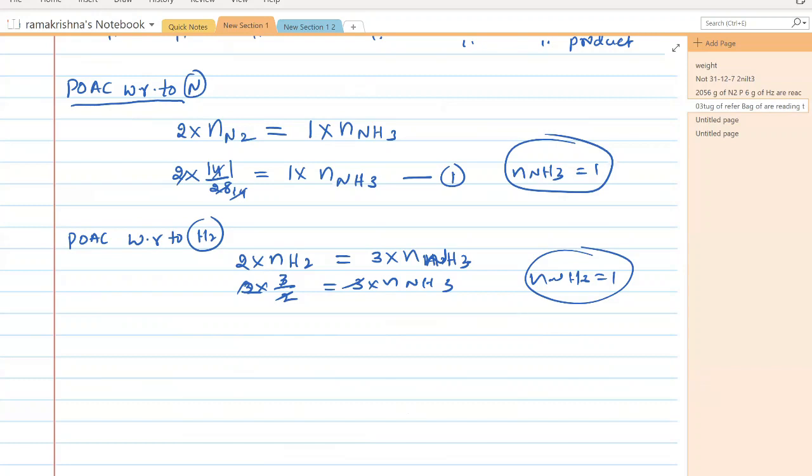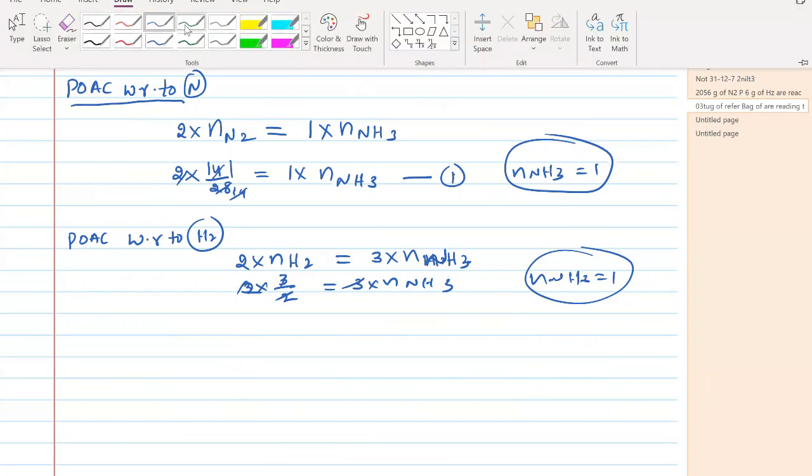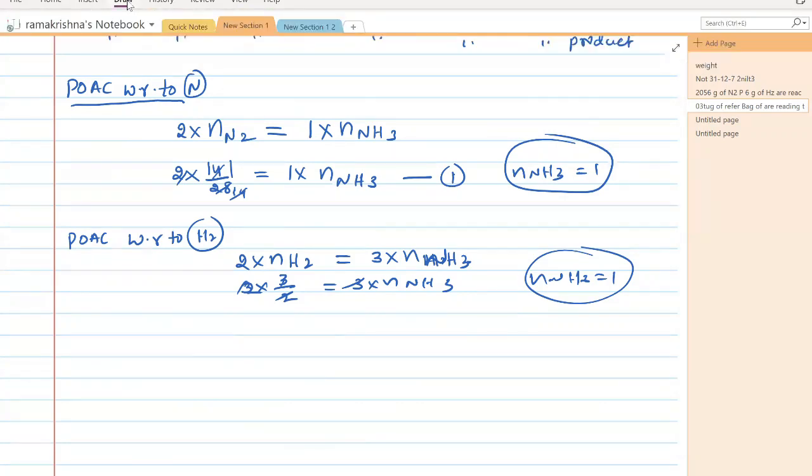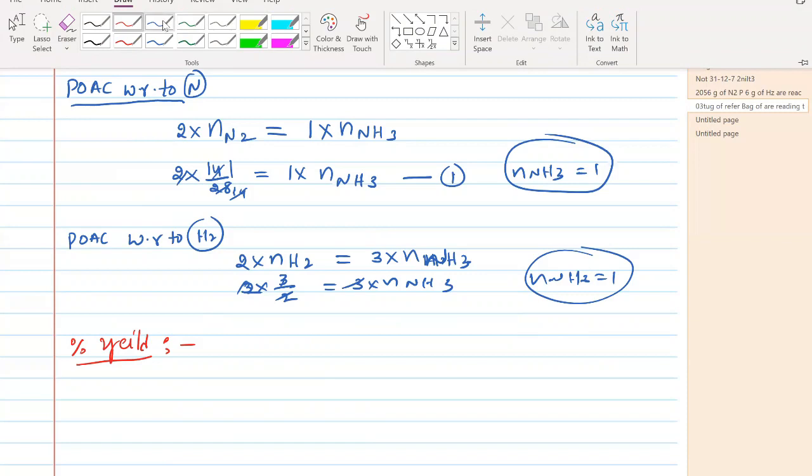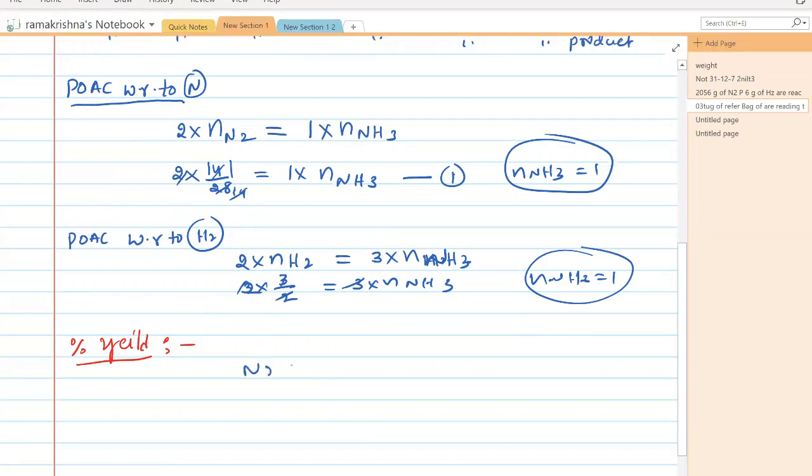Next, what is percentage yield? How to find out percentage yield? And the formula we will discuss. Yield means with respect to product, not at all reactant. So for example, here I am taking N2 + 3H2 gives rise to 2NH3. 1 mole, 3 mole, and 2 mole are the stoichiometric coefficients.